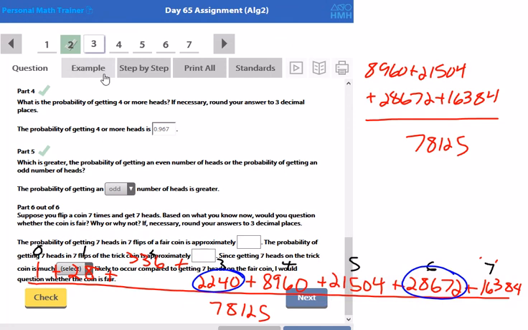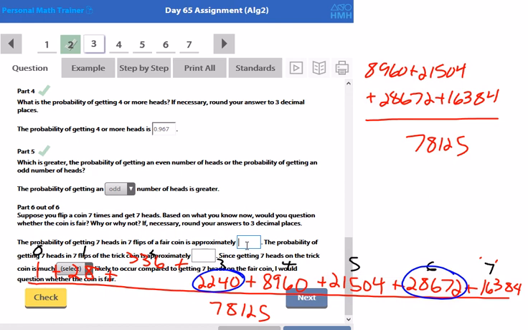Suppose you flip a coin 7 times and get 7 heads. Based on what you know, would you question whether the coin is fair? Why or why not? If necessary, round. So the probability of getting 7 heads in 7 flips of a fair coin. A fair coin would be where it's 50%.